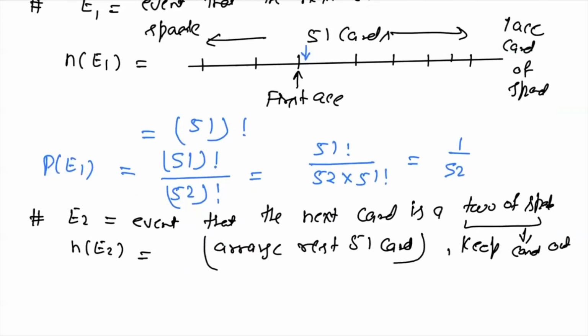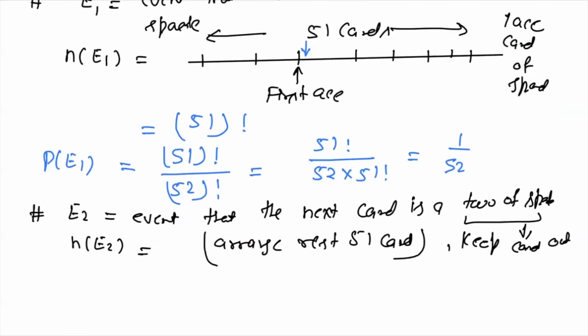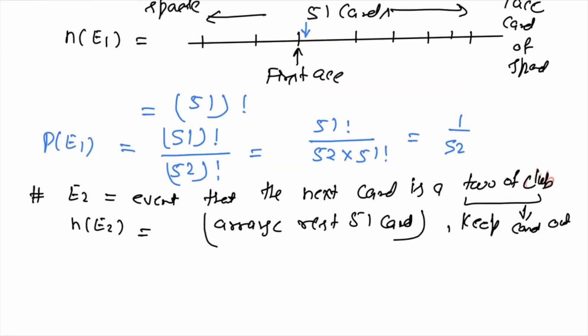And when you get the first ace, you just place this 2 of clubs card there. I hope it is an identical case to the last. So the total possibilities are again 51 factorial, and the probability of E2, like the previous identical case, is 1 over 52.